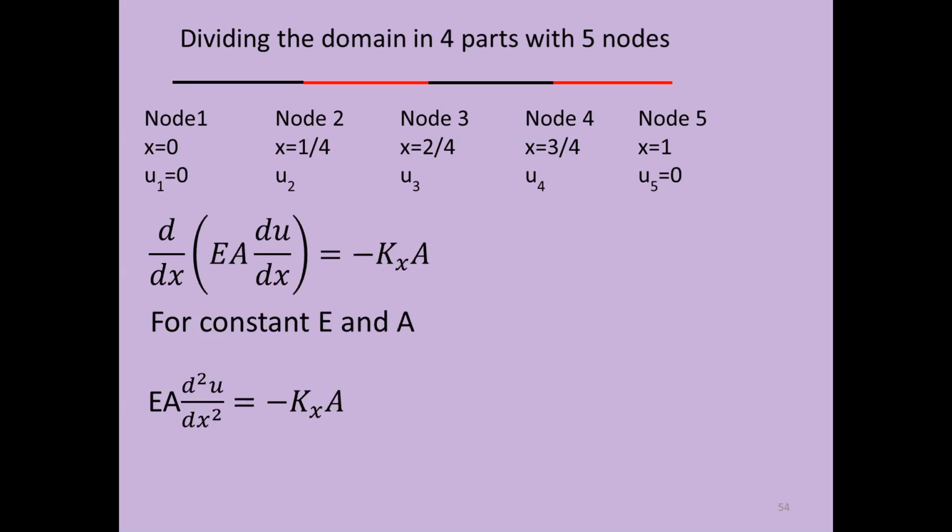It is not the load per unit length, it is the load per unit volume. Obviously, when Kx is multiplied by A, it is going to give you load per unit length. That is A, and A gets cancelled out, so E we are taking on the other side.